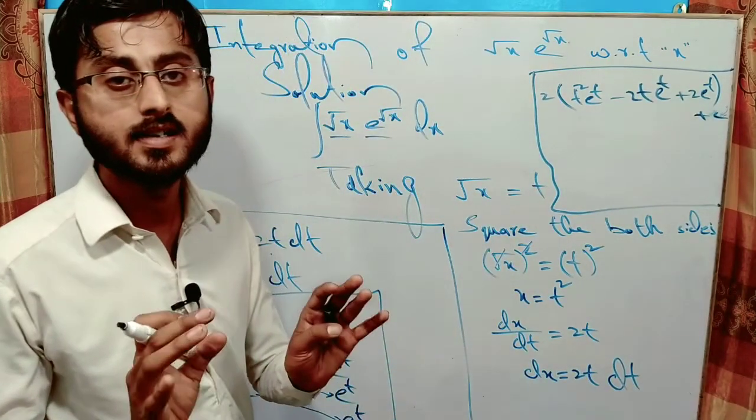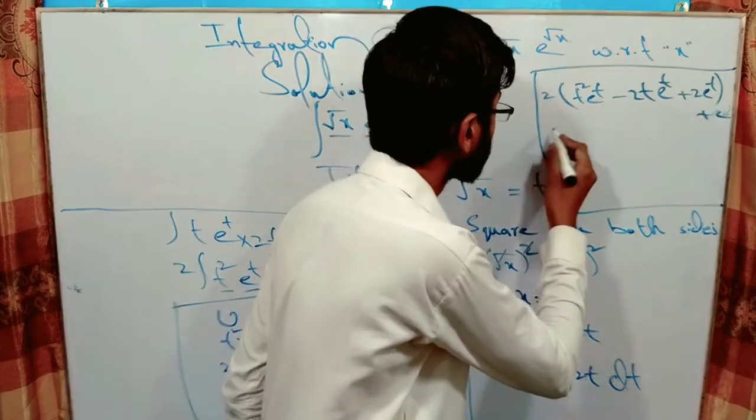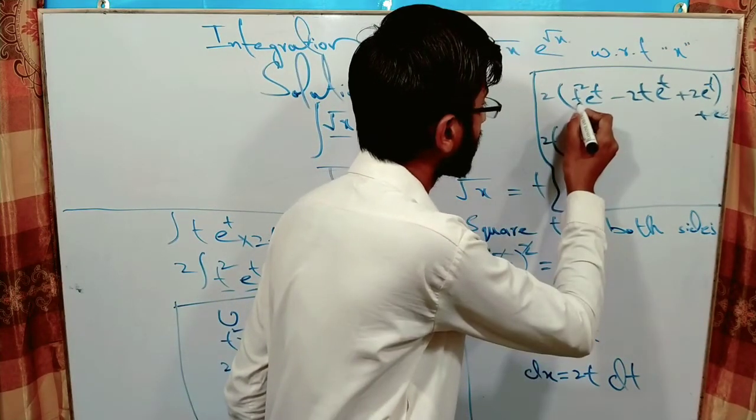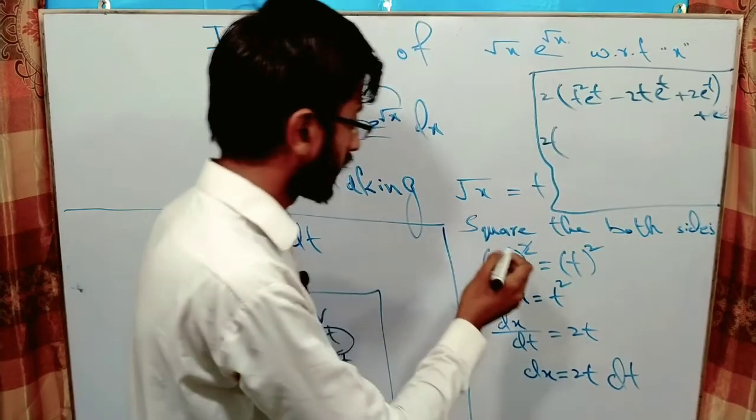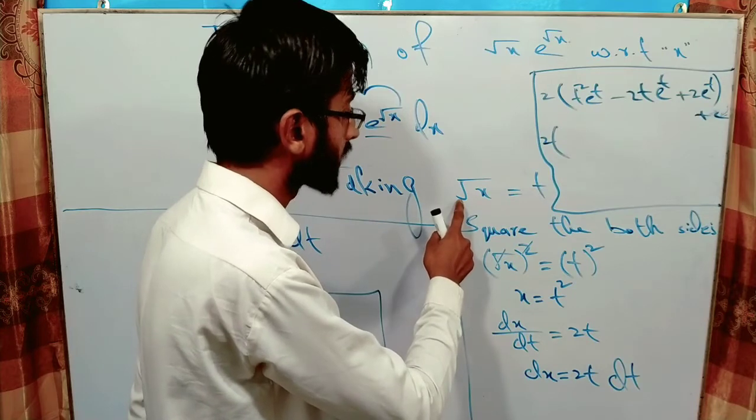That one is a very easy and short method. Here, what is the value of t? t is equal to under root x.